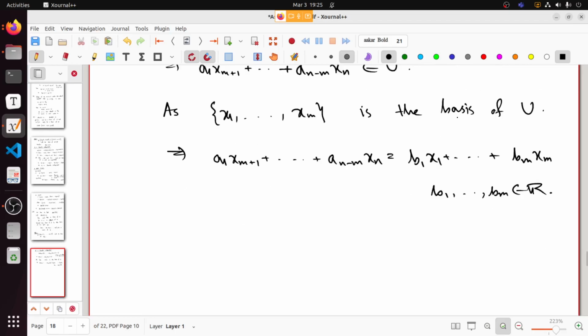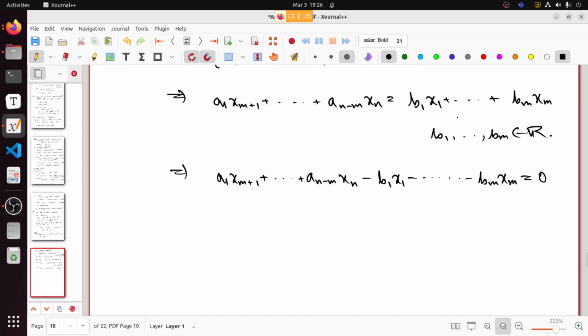Now take all the elements to one side, then we get a1 xm plus 1 plus ... plus a(n minus m) xn minus b1 x1 minus ... minus bm xm equals 0.